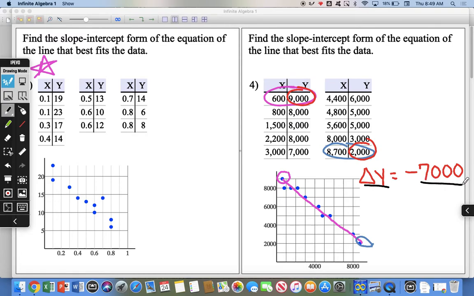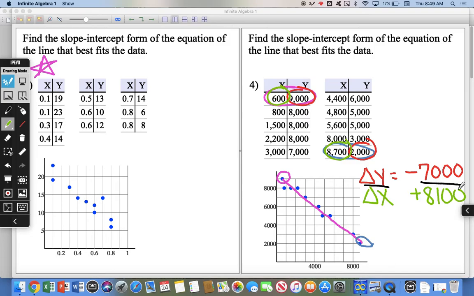So then we got our fraction, and then we're going to do a change in x. All right, so we start out at 600, and we go up to 8,700. So 600 to 700 would be 100 plus 8,000, so 8,100, and it's an increase, so that's a positive.